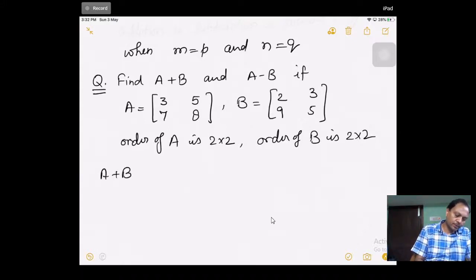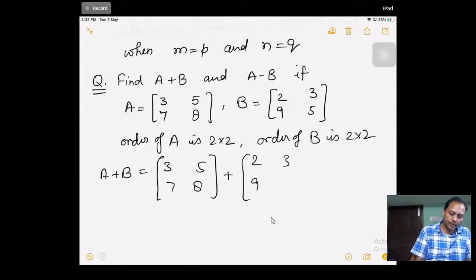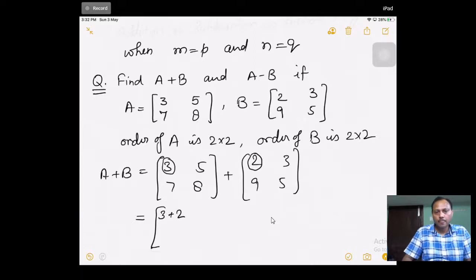So A plus B is equal to the first matrix 3, 5, 7, 8 plus the second matrix 2, 3, 9, 5. Now see the corresponding elements. The element of the first row and first column is added with the element of the first row and first column, so it is 3 plus 2.